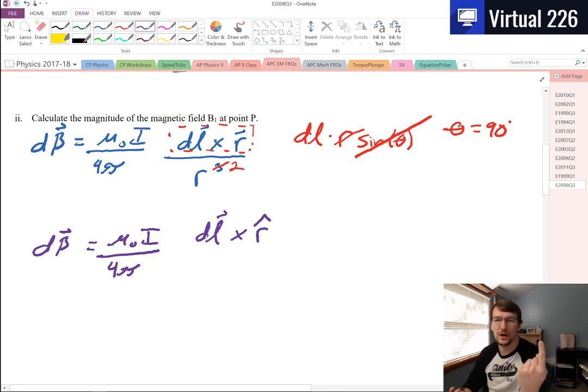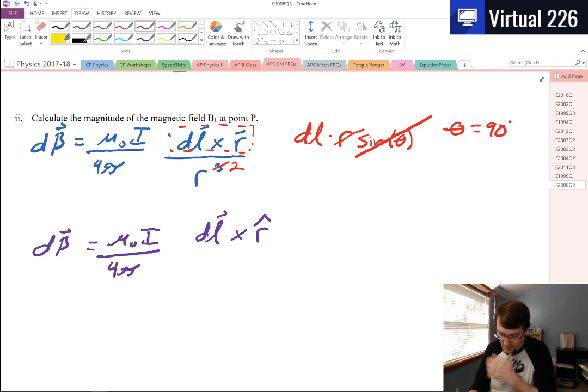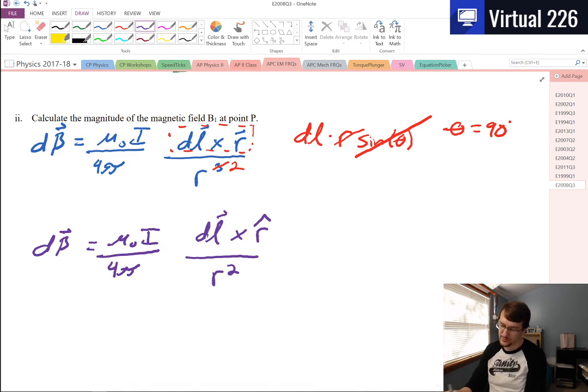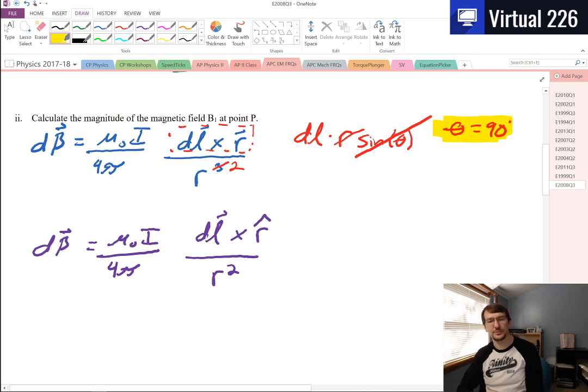It's the number 1 sitting there, but in the direction, divided by r squared. So we see that a little bit more often. So both of these are very similar to each other. That's why sometimes you'll see it as r cubed, sometimes you'll see it as r squared. A big thing in this problem was recognizing that that angle was 90 degrees between them, and we can just wipe that out. Okay.